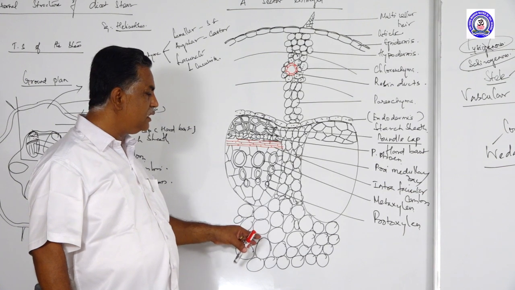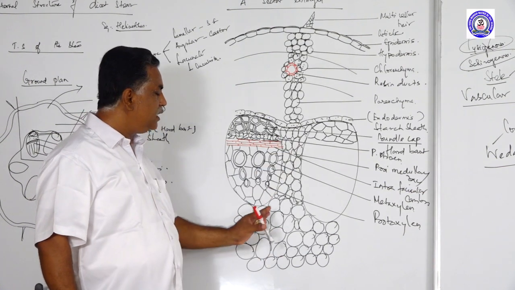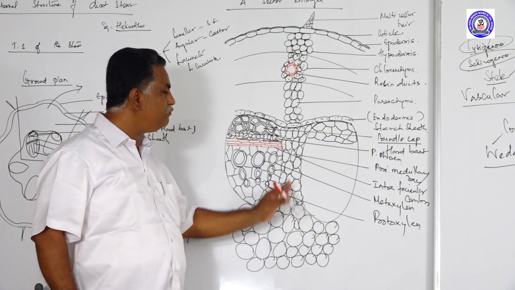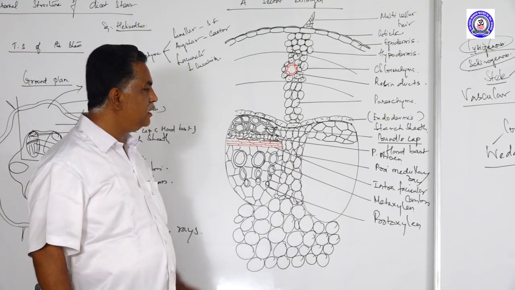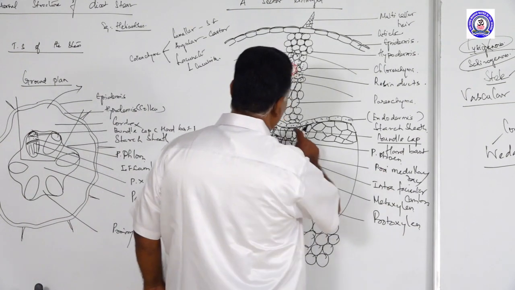That is parenchyma cells. These parenchyma cells extend radially in between two vascular bundles, that forms a primary medullary ray. See, I have drawn here the primary medullary ray.